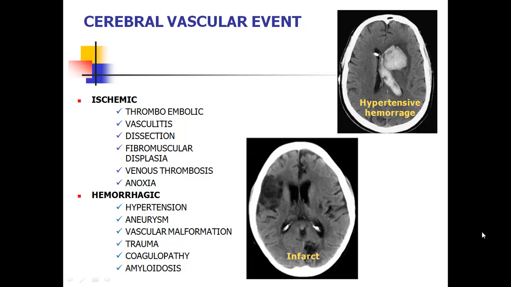Vascular diseases of the brain are one of the leading causes of death worldwide. The mortality rate from circulatory diseases in the brain is about 24% of the total number of cases.